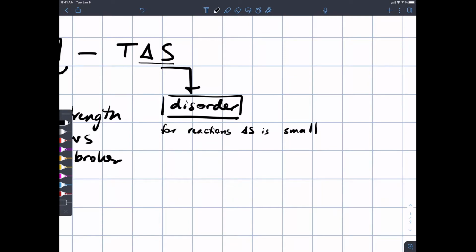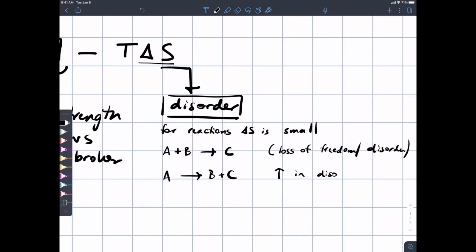If in a reaction you go from 2 products to 1, that would be a loss of freedom/disorder. If you go from 1 product to 2, that would be an increase in disorder.